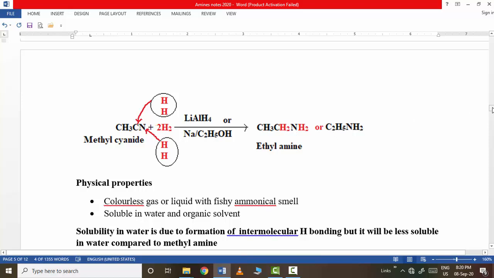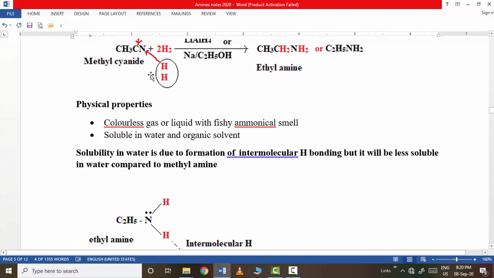So let us look into the physical property, almost the same. You can see if you look at the physical properties of the methylamine and if you compare with the ethylamine, they are the same: colorless gas or liquid with fishy ammoniacal smell, and they will be soluble in water and organic solvent. Solubility in water is due to the formation of intermolecular hydrogen bonding, but it will be less soluble.